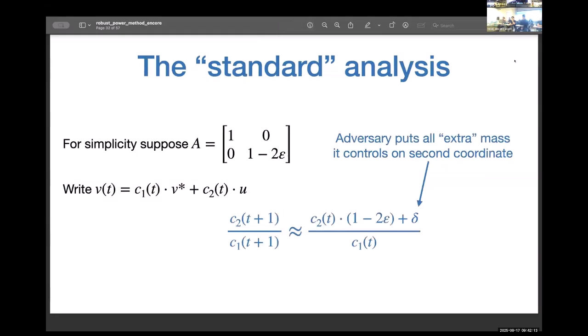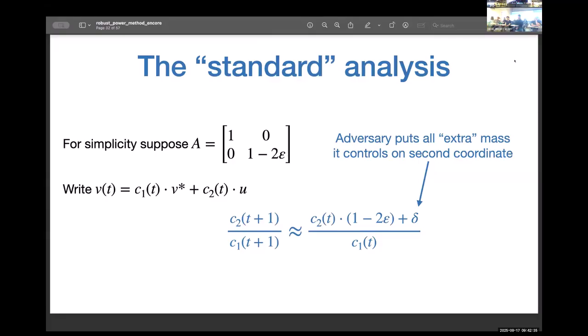Like I said, the adversary cannot mess with the first direction, so the mass in the first direction doesn't change, and the eigenvalue is 1, so it's the same thing. But what the adversary can do, for example, is put all the delta mass that they can control in the second direction. We want this ratio to be decreasing, but the adversary is boosting it a little bit.